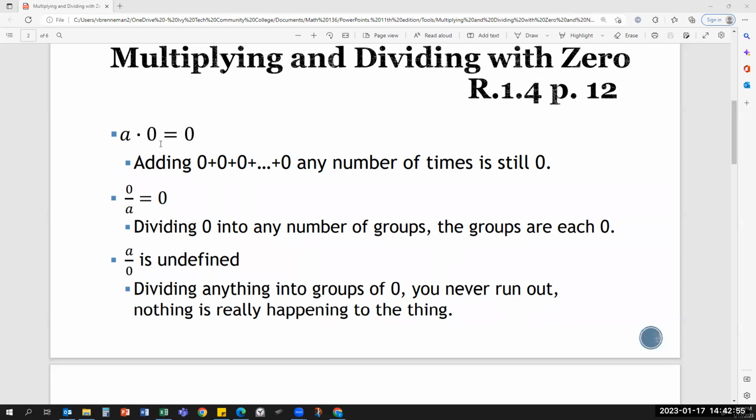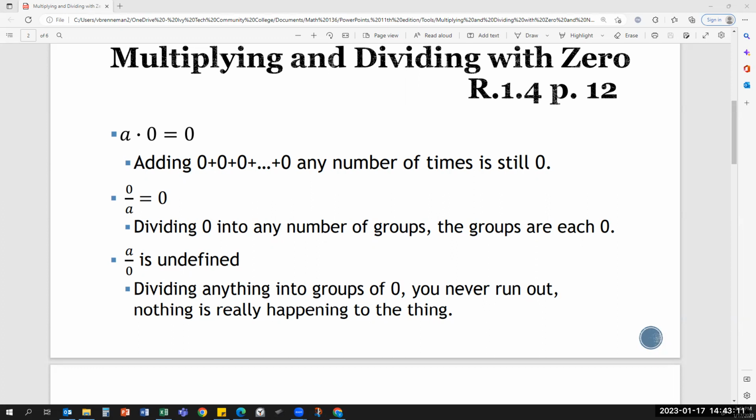But yeah, anytime you see 0 as a factor, then the whole product that the 0 is a factor in is 0. And then 0 divided by a is 0 and a divided by 0 is undefined.